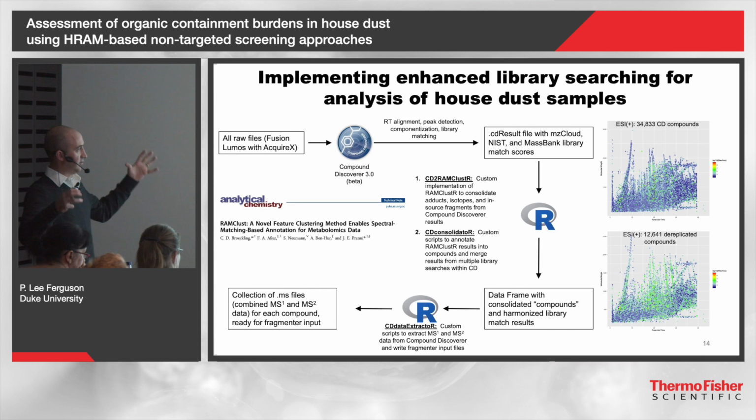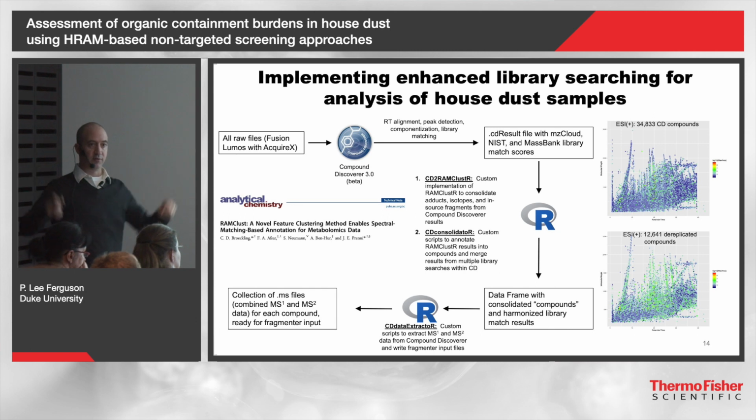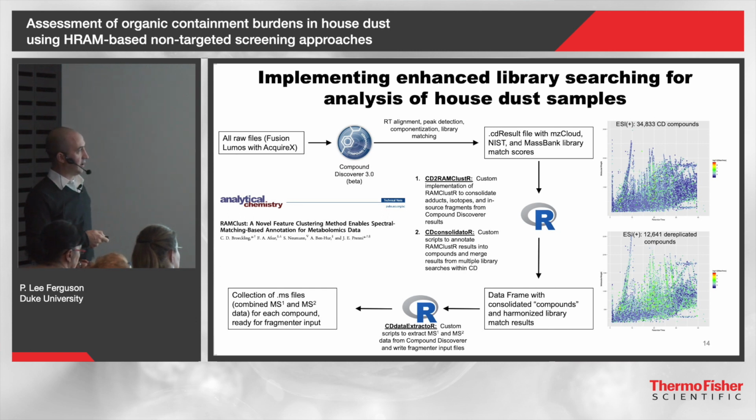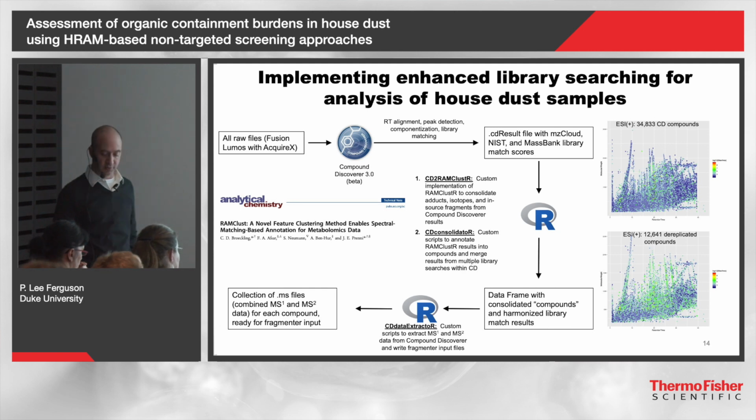In this case, we had about 34,000 Compound Discoverer compounds for our data set. We consolidate this down to about 12,000 dereplicated compounds after these tools. Then we have a CD data extractor, also written in R, that pulls out all the MS and MSMS spectra and puts those into our in silico fragmenters, which I'll show you in a few minutes.